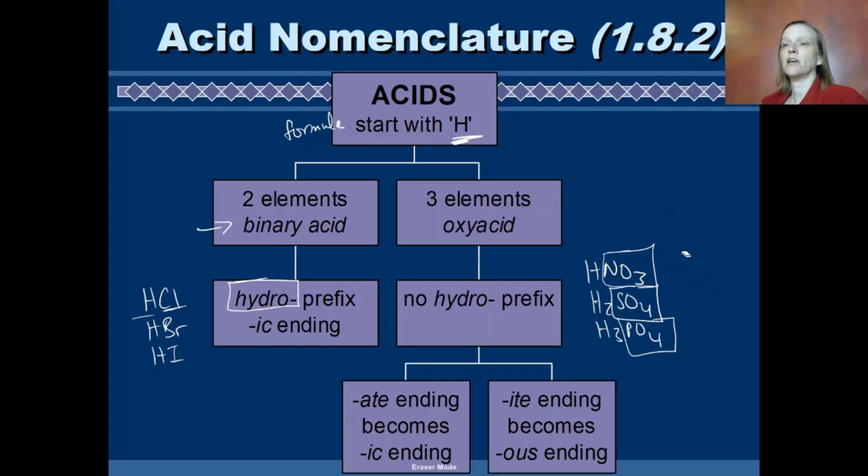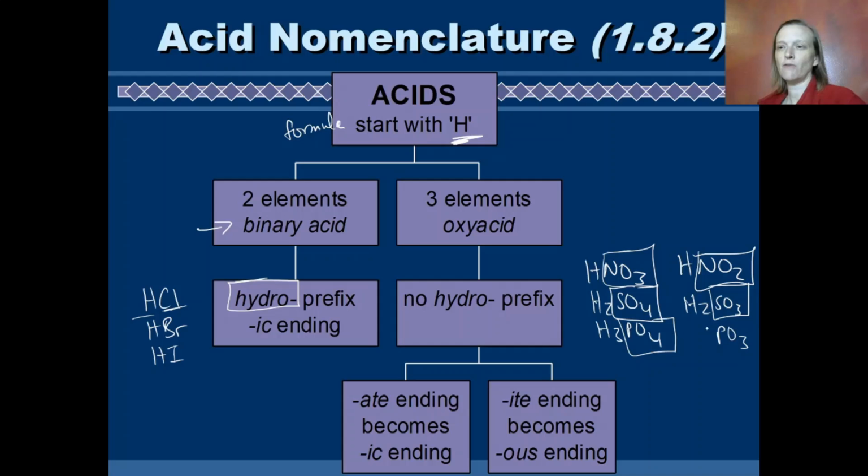On the other hand, if we look at HNO2, this is the nitrite ion, so this becomes nitrous acid. This is the sulfite ion, so it becomes sulfurous acid.